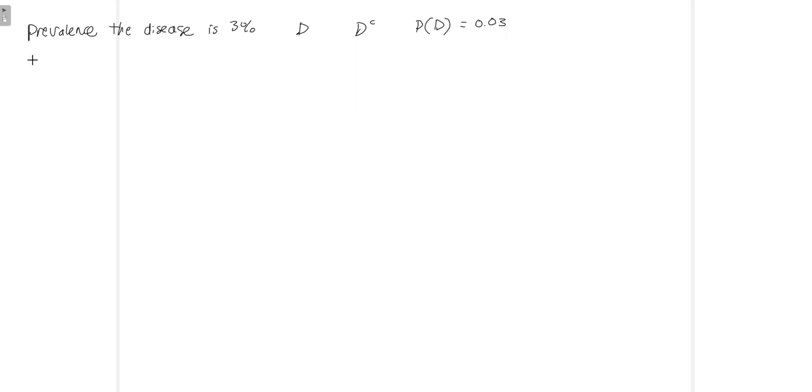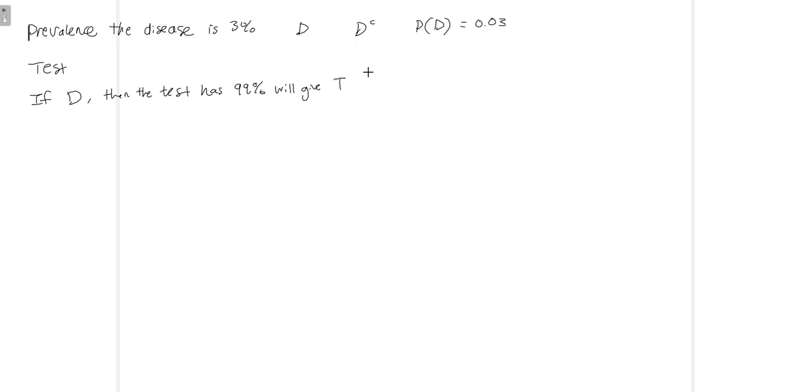Now let's say we have a test for this disease, and if you test someone who you know has the disease and they take the test, then the test 99% of the time will give true.